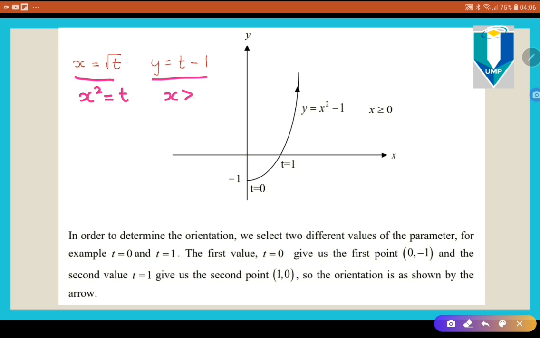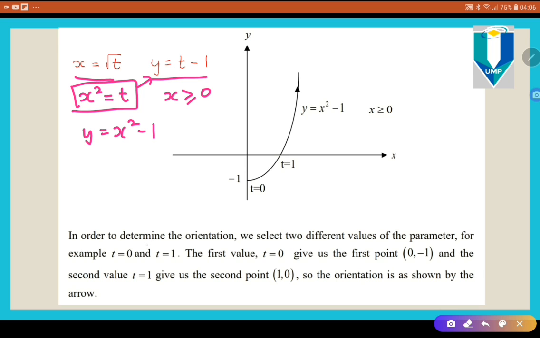So x must be bigger than or equivalent to 0. So we know that t is x squared. So we substitute that in the second equation to get y equivalent to x squared minus 1. So this is a parabola opening upwards. Okay. So x must be bigger than or equivalent to 0, so we have only half of the parabola.